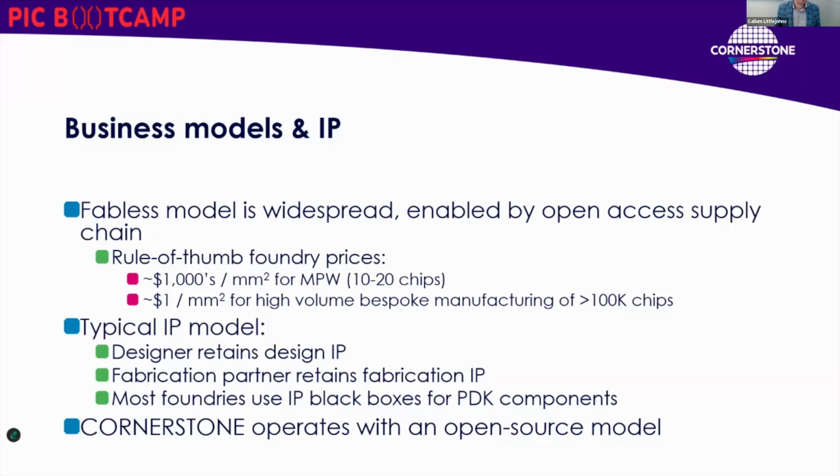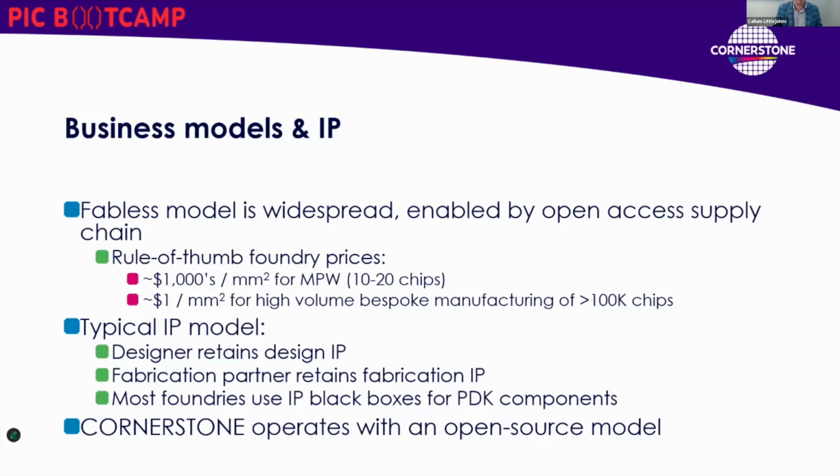But as we've seen from both the electronics industry and from the transceiver market in photonics, as volumes increase, the cost per unit area will massively reduce. Once we reach high volumes, the cost per unit area can be as low as $1 per millimeter square.